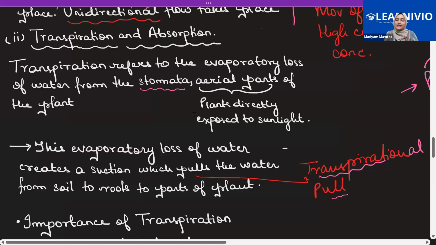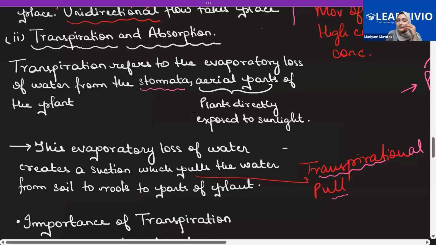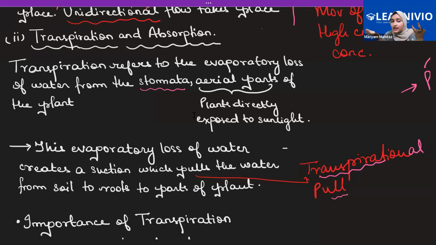So remember that as the water gets lost from the plant's body, it causes a transpirational pull, which makes the plant absorb more water from the soil. So even though transpiration is like a loss, it creates a pull so that the plants could absorb the water from the soil to the roots and then send it to the different parts of the plant.